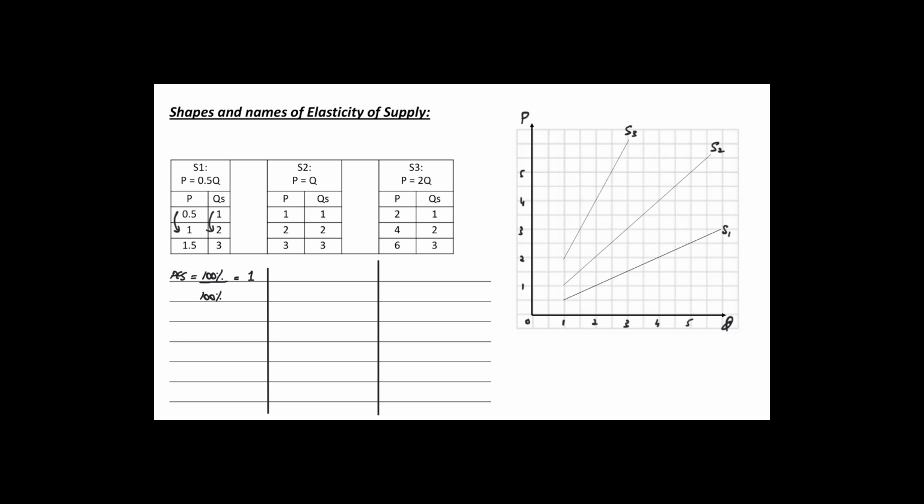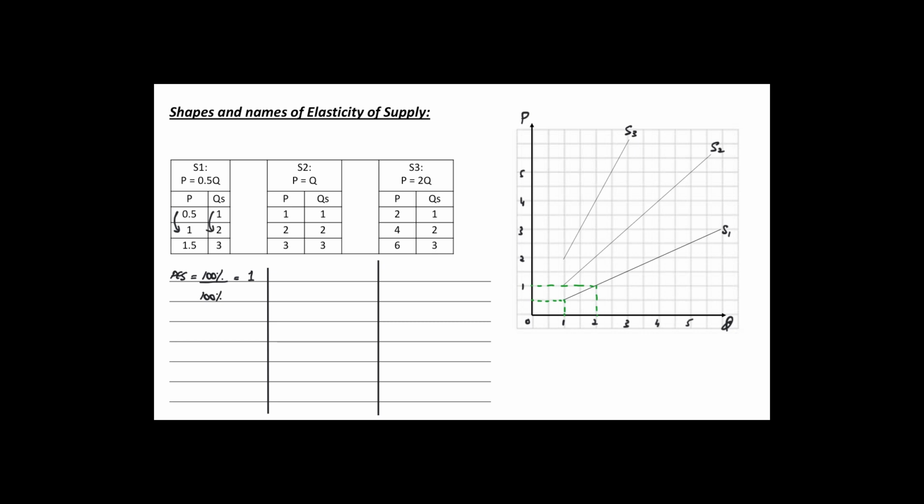Then secondly, let's try this also. So far, when the price was 0.5, quantity supplied was 1, and then it went to a price of 1 and you were supplying 2.